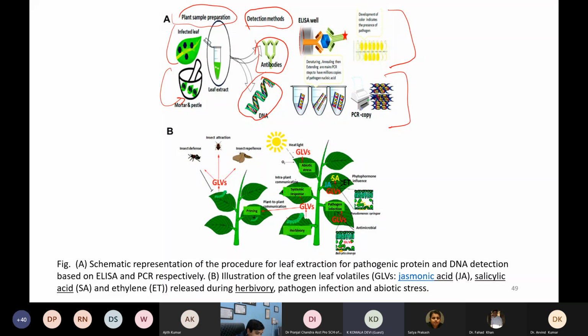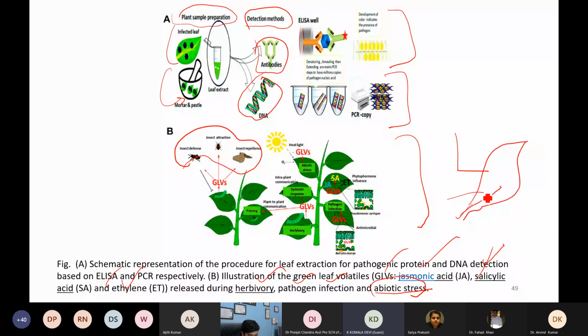Now, this is the illustration of green leaf volatiles. You can see jasmonic acid, salicylic acid, and ethylene released during herbivory, pathogen infection, or abiotic stress. Whether the infection is due to pathogens or abiotic stress, these chemicals are released. Imagine this is a plant leaf and there is an infection.